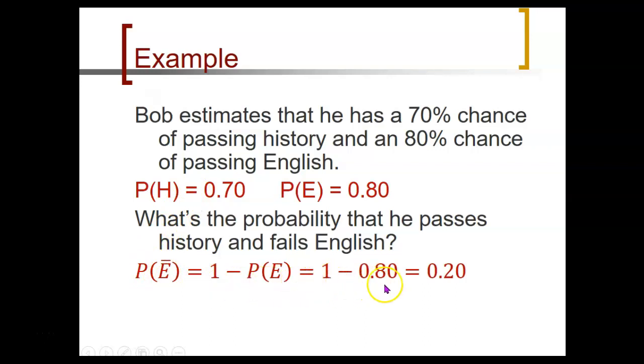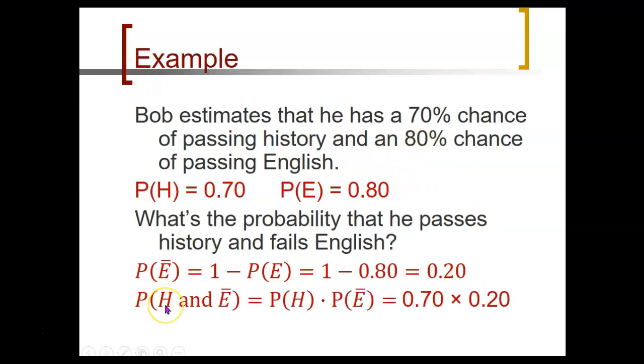So 1 minus 0.80 would be 0.20. He's got an 80% chance of passing English, so that means a 20% chance of failing English. So that means the probability that he passes history and fails English would be 0.70 times 0.20, and that comes out to be 0.14.